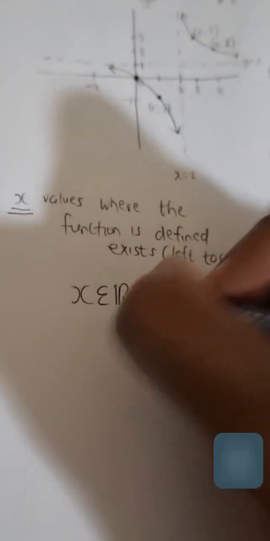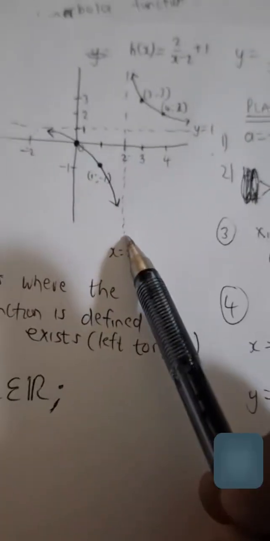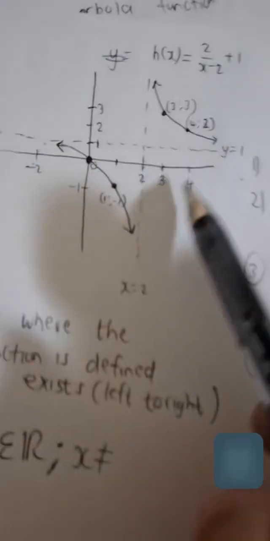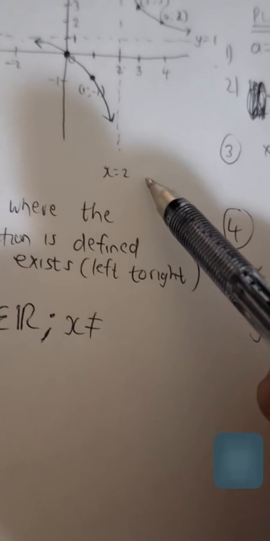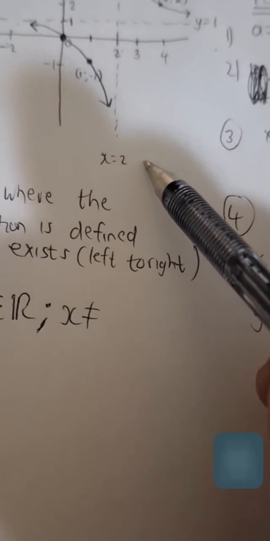But there's only one exception. What is the exception? X cannot be equal to 0.